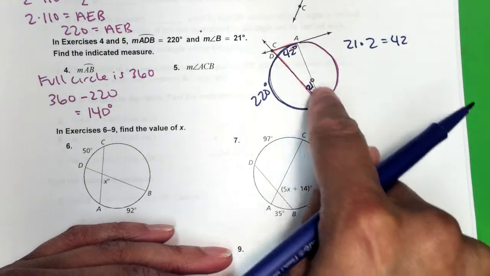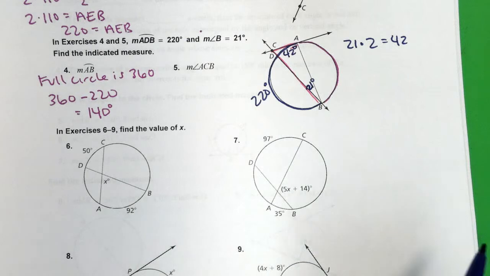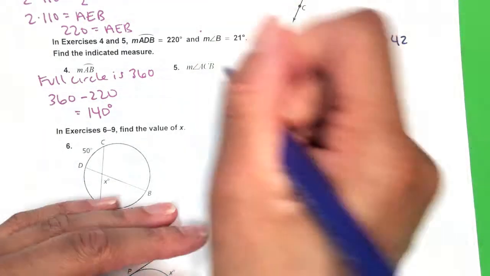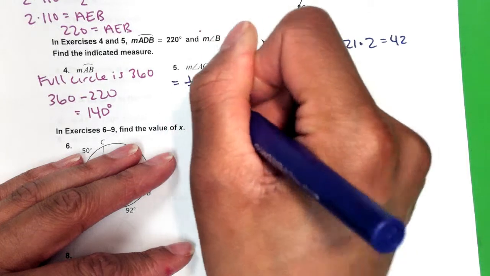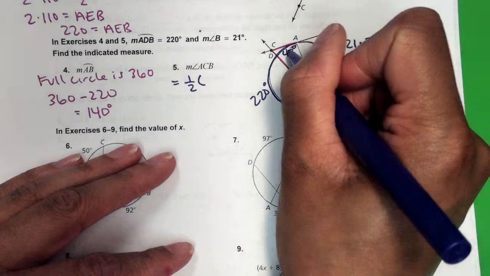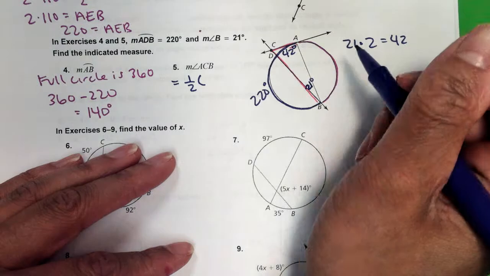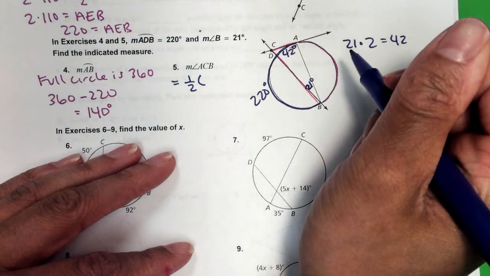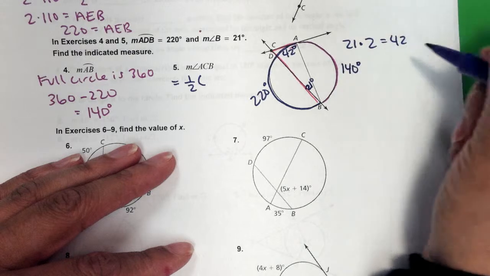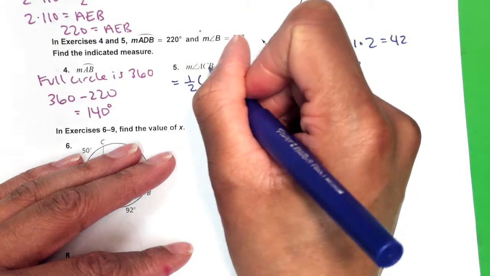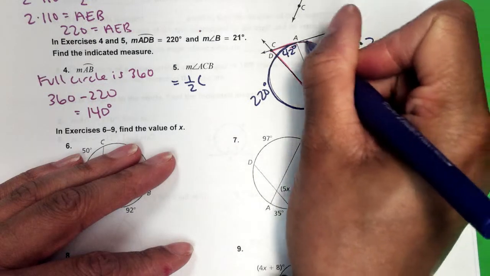So now I have two numbers in order to get my x value, or angle C. This would equal 1/2, and it's on the outside, so I'm using the difference of my intercepted arcs.